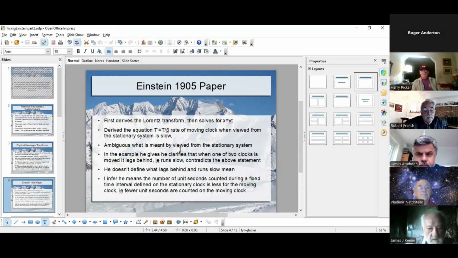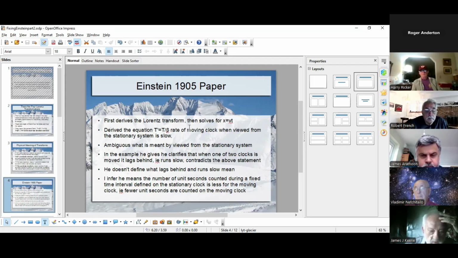And finally, he gets to the Lorentz transform, derives the Lorentz transform. And then he says, okay, now I'm going to apply this Lorentz transform theory that I've developed in the previous parts to the transformation of time. He also does space first, but time after, but we're talking time today.